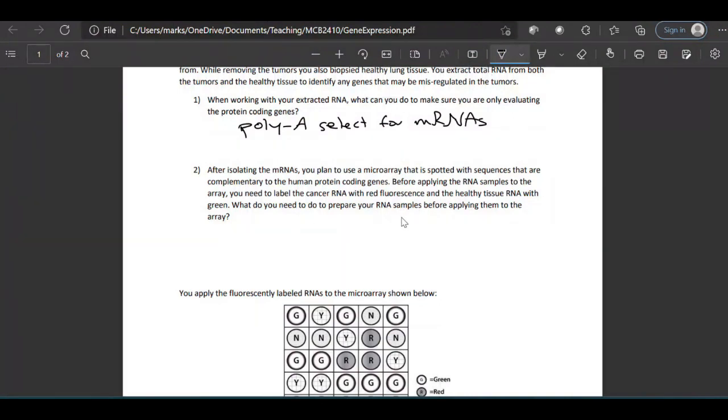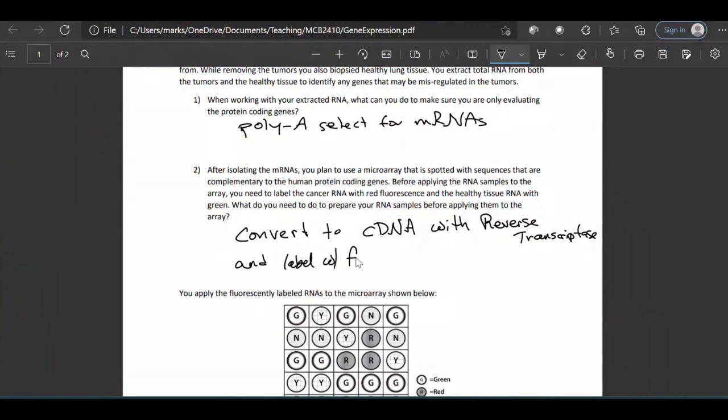So what do you need to do to prepare your RNA sample before applying it to the array is we need to convert to cDNA with reverse transcriptase and label with fluorescence while we do so. While we're converting into cDNA, we'll label it with red or green.